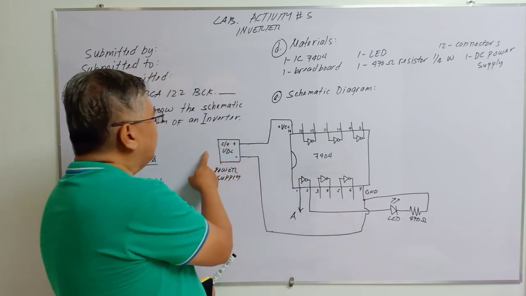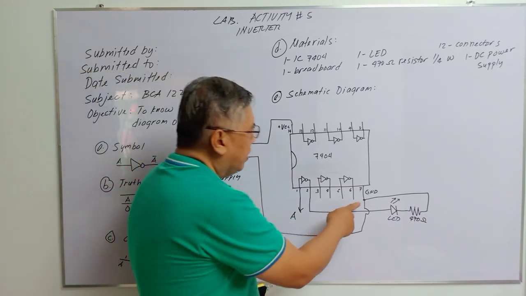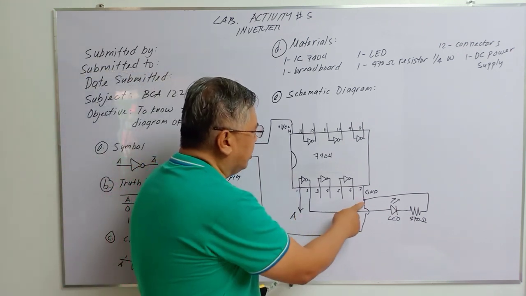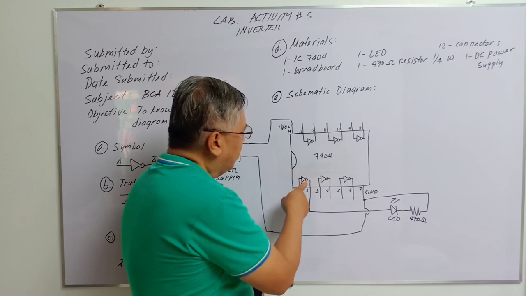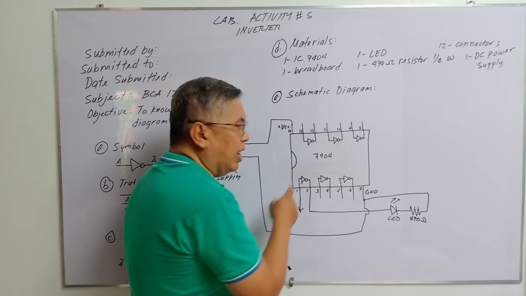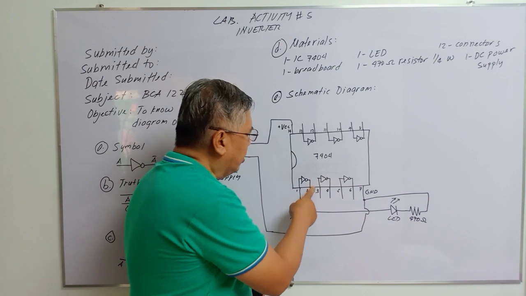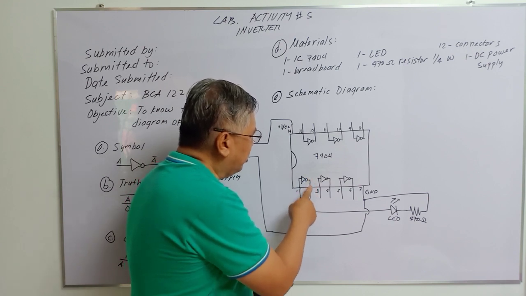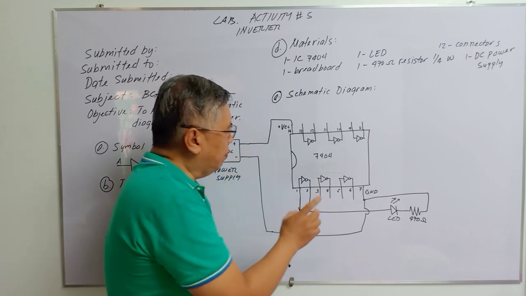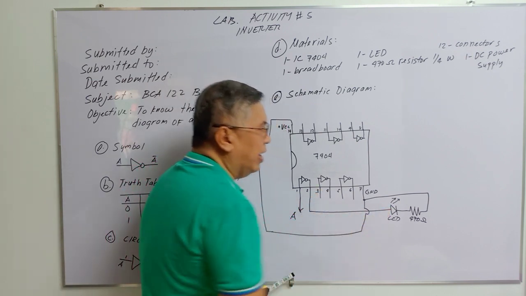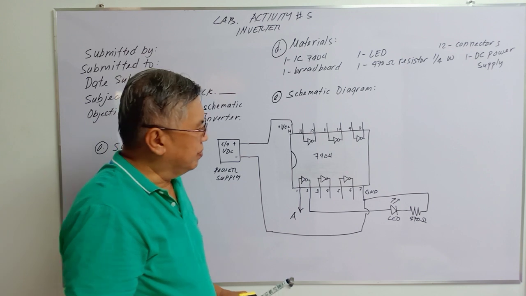Once your power supply is on, since A is connected to the ground, this inverter will provide a 1 output, which is high. So the output here, in pin number 2, will transmit a supply going towards your light emitting diode.